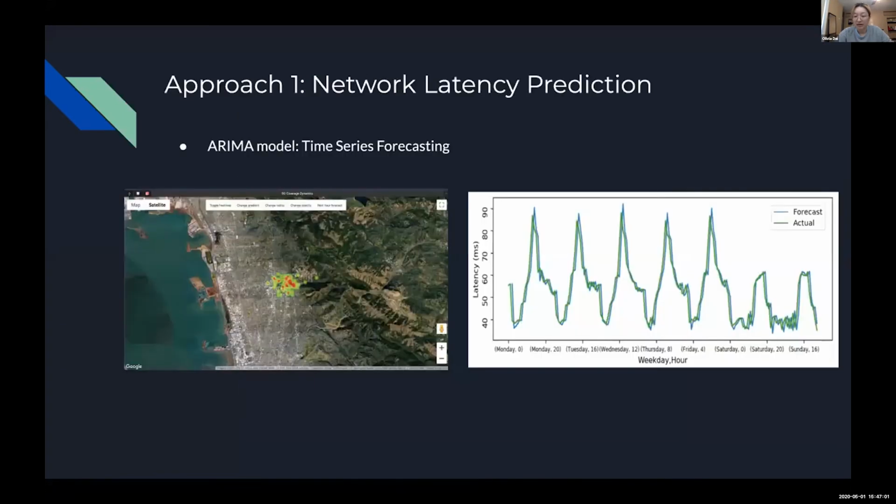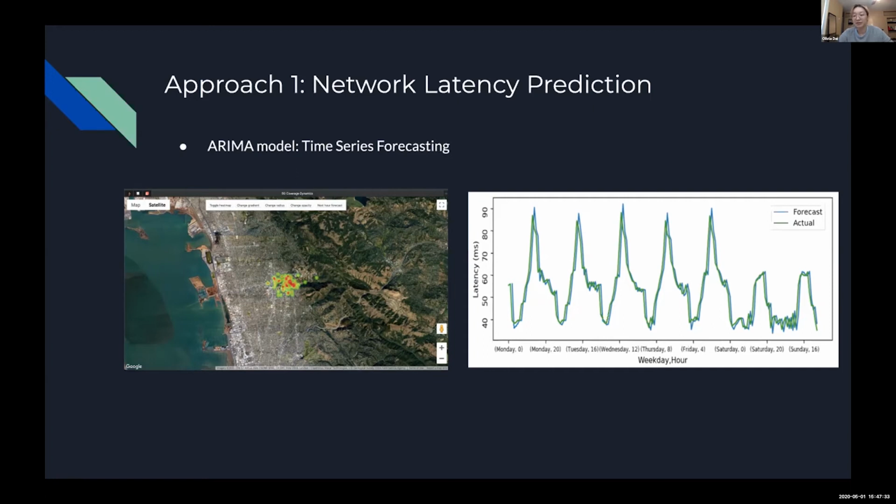With regards to the analytics portion of our technology infrastructure, we first took the approach of network latency prediction. Through that process, we sampled different locations on Berkeley campus where students are most likely to be congregating. After gathering those data, we removed the weekly trend and seasonality and implemented the ARIMA model.